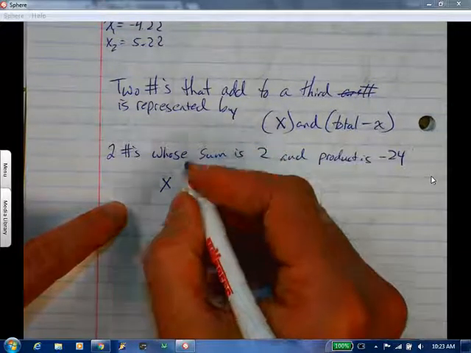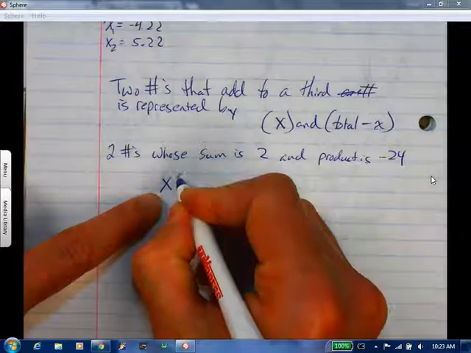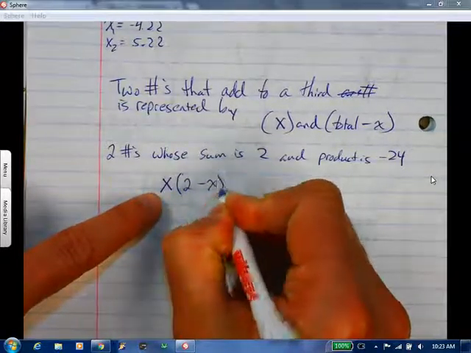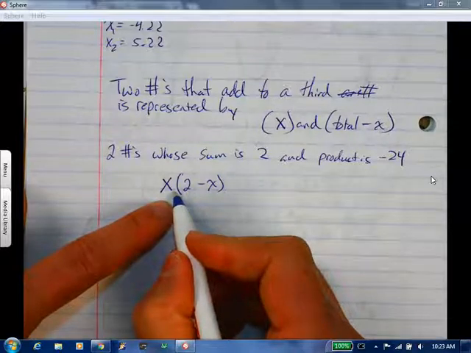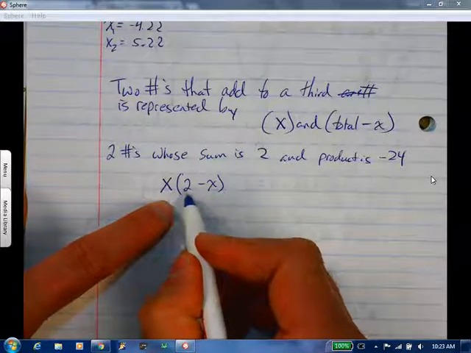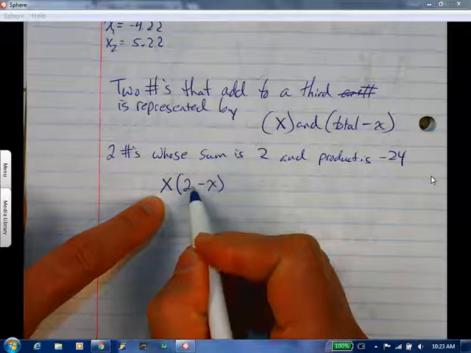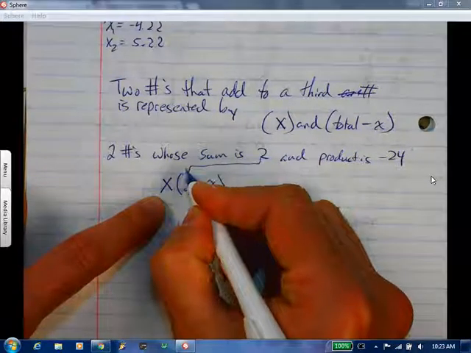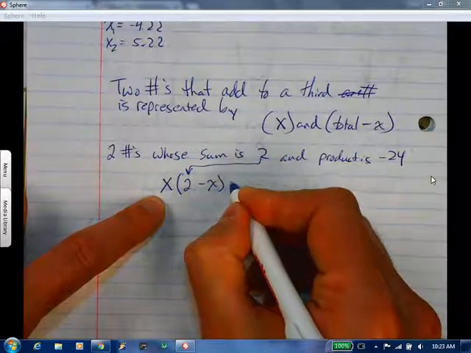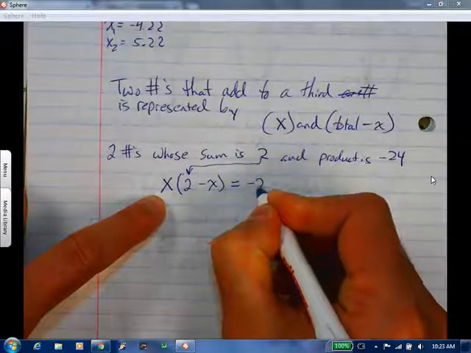Two minus x. So how I'm going to write this is x times 2 minus x, because that's a product, correct? Product is multiplication. So 2 numbers whose sum is 2, the product is equals negative 24.